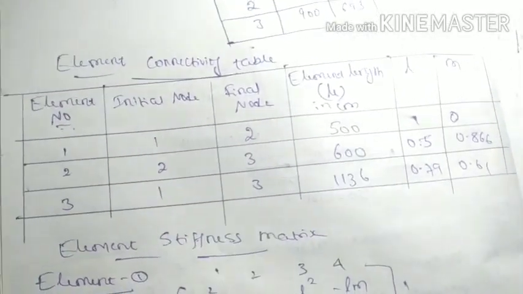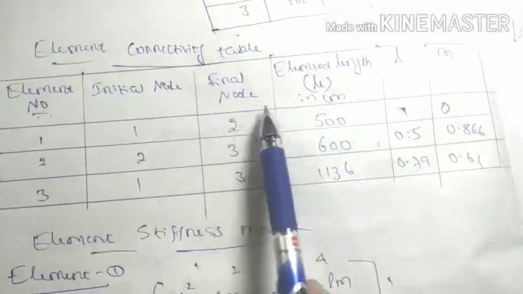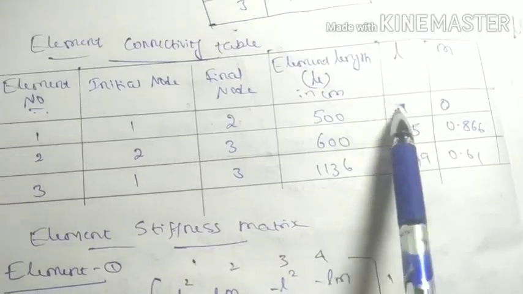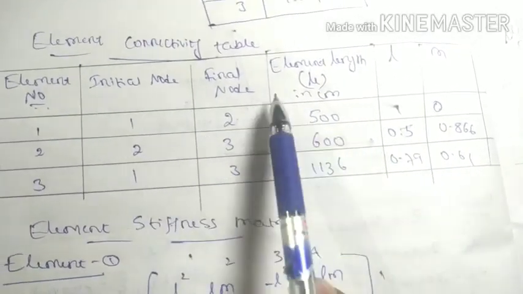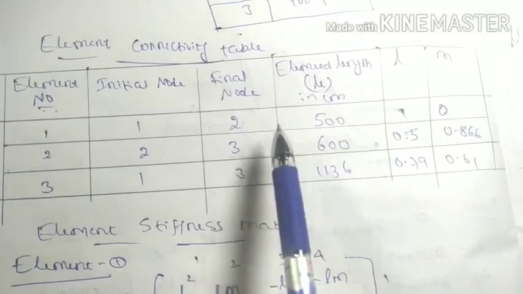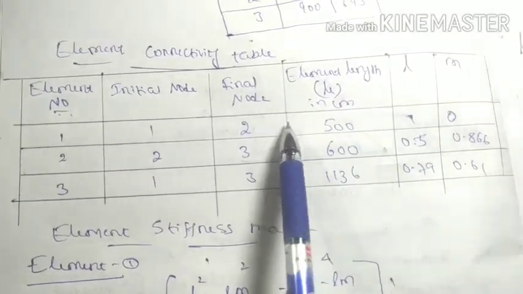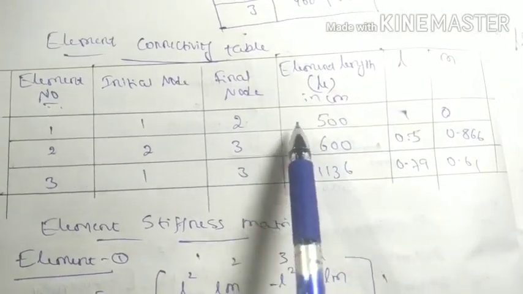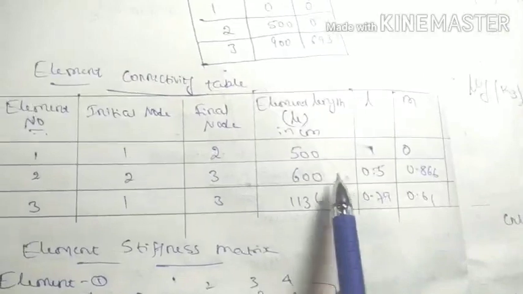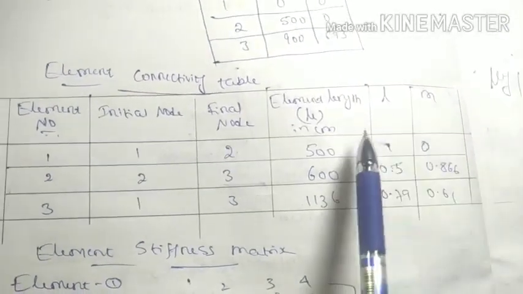So that is one thing. Now I directly written here because this is very familiar. In the previous problem I already showed, that's why I directly written the final values, so that you know how to calculate LE1. So LE1 in this problem we know is 500, that you directly substitute, and L, M direction cosines.